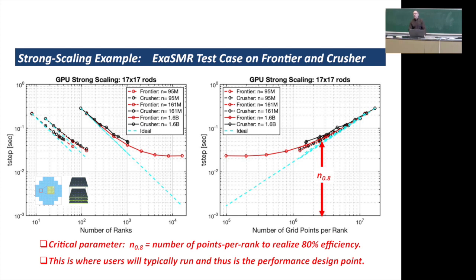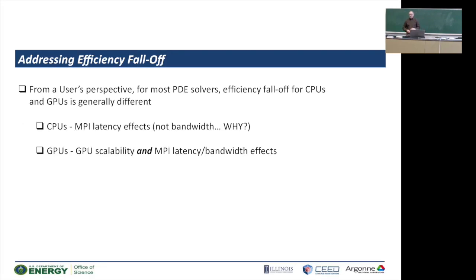It also seems to be quite universal across other codes. I've measured it for other codes. Everybody's in that ballpark, even for time explicit compressible codes. So what's causing this fall off? On CPUs, it's really MPI latency effects, and it's not bandwidth. Anybody know why it's not bandwidth?